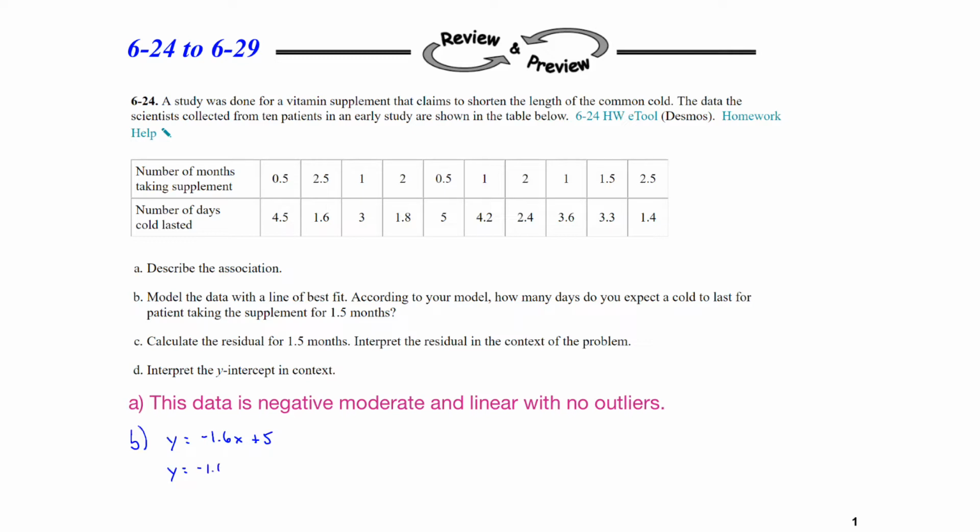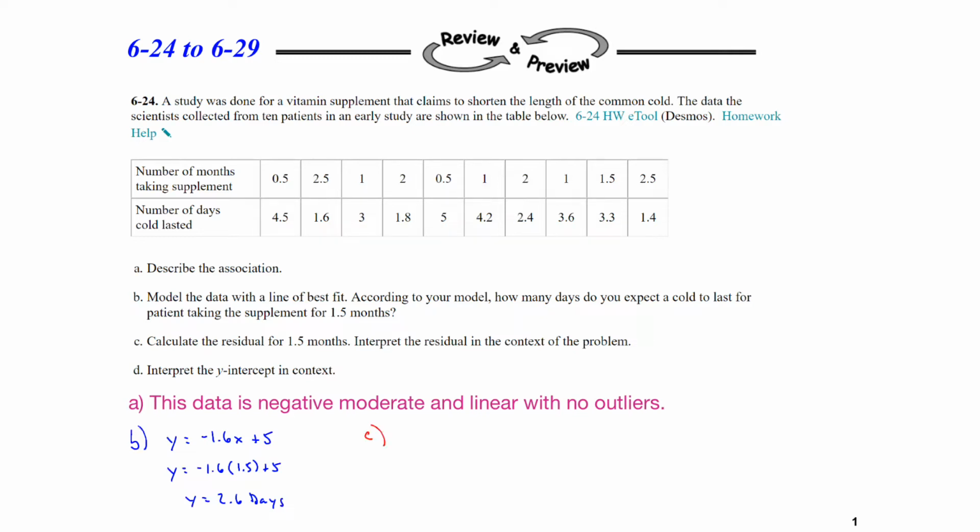So we'll get negative 1.6 times 1.5 plus 5. And that comes out to be 2.6 days. So that's what the prediction is for B based on my equation and my line of best fit. Yours would obviously be different, but should be close to that value.